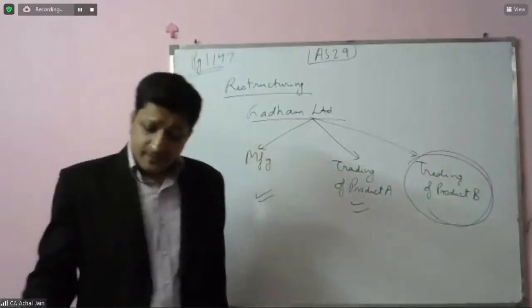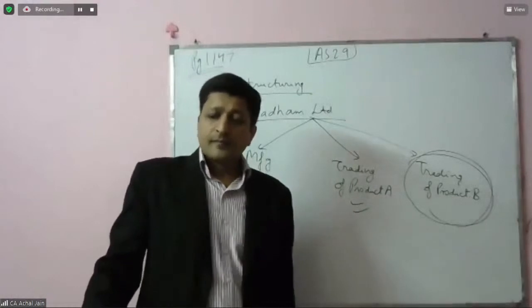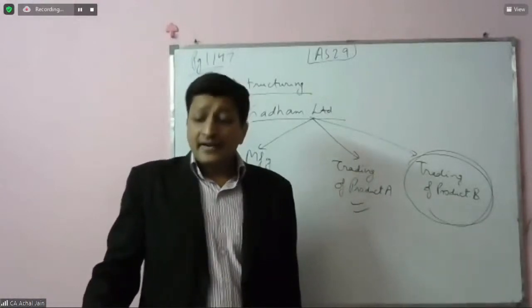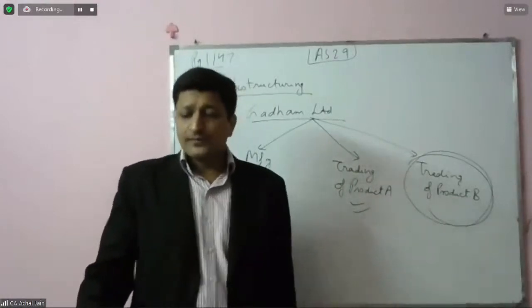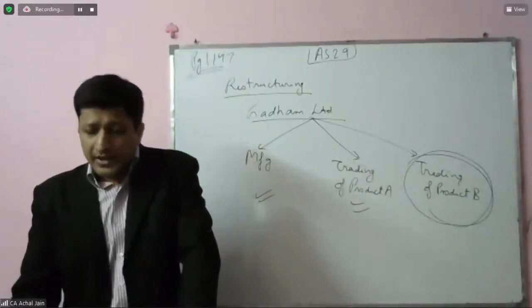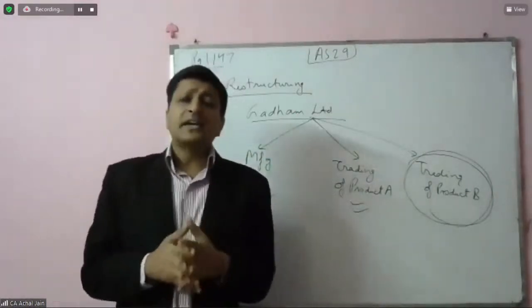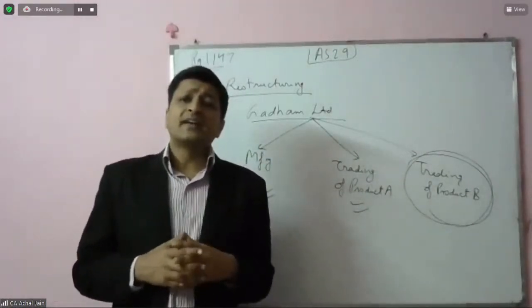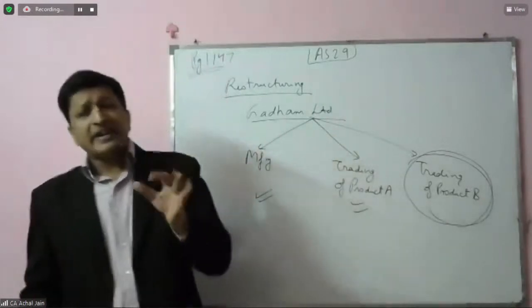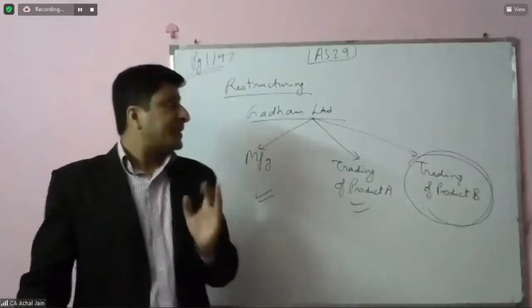Now the thing is, when do we create that provision? And under what situation should a provision not be created? So the standard says that there is a criteria which is mandatorily required to be fulfilled only when a restructuring provision can be recognized.